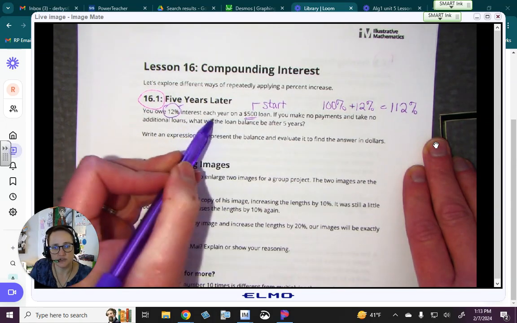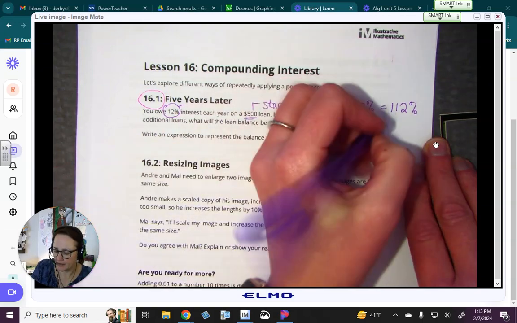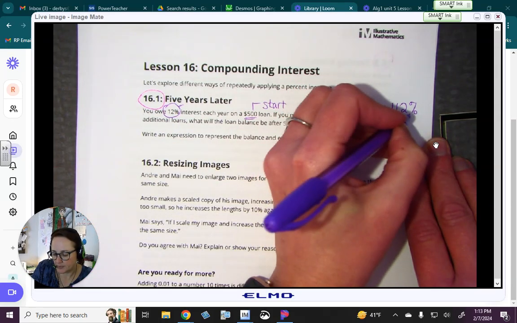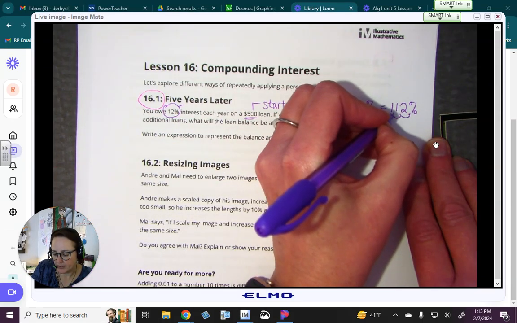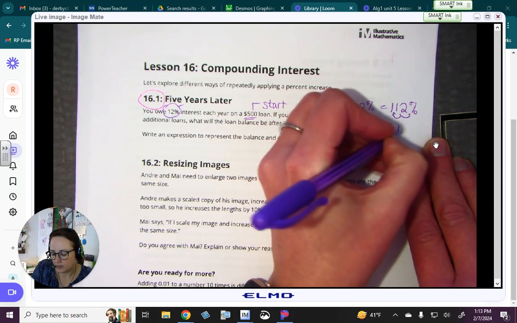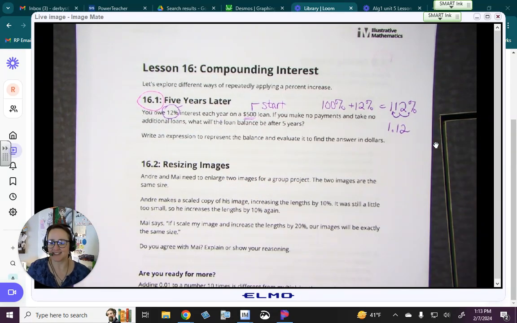This is annual, each year. And our multiplier then turns that percentage into a multiplier factor of 1.12. So we keep on practicing turning that percentage into a decimal.